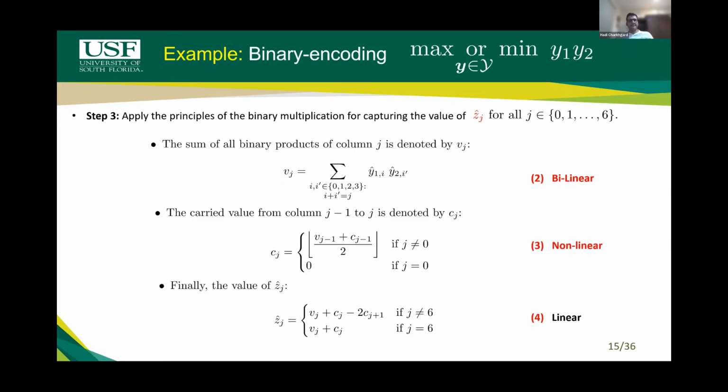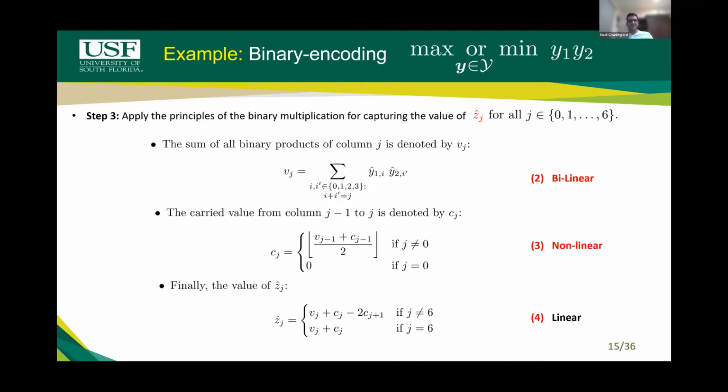And the last thing, once we found the Vj and Cj, we can add them together. And you can also use this set of equations that I write here to calculate the z hat of j. And this is a linear equation. These are simple equations.